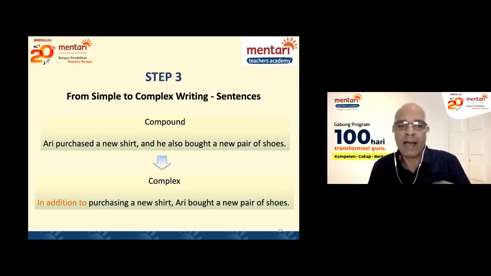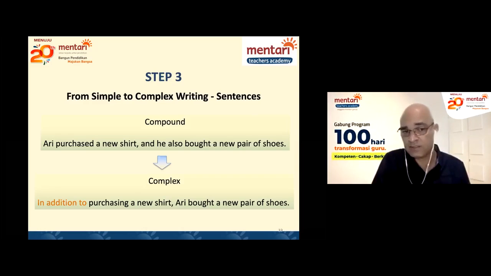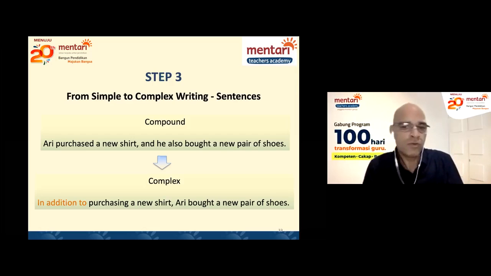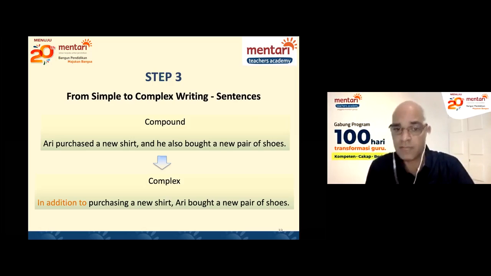Okay, so for example, there's two sentences here. One is purchasing a new shirt. The other one is bought a new pair of shoes. When I write the complex sentence, I bring more focus to the fact that Ari bought a new pair of shoes. In addition to purchasing a new shirt, he bought a new pair of shoes, right?